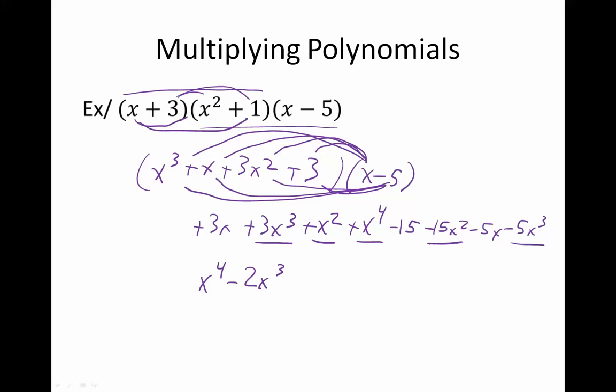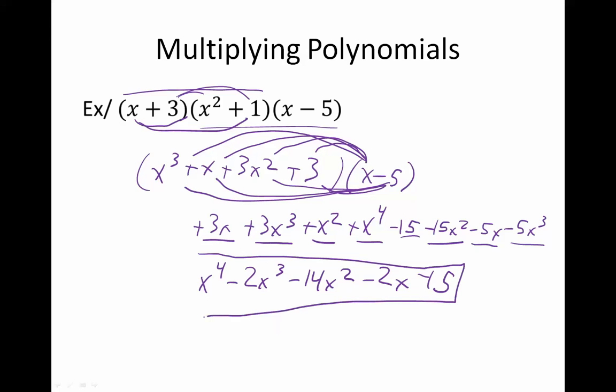X squareds, I have there and there, negative 14x squared. Plain old x's, there and there. That's negative 2x and negative 15. So there's my final answer. X to the 4th minus 2x cubed minus 14x squared minus 2x minus 15.